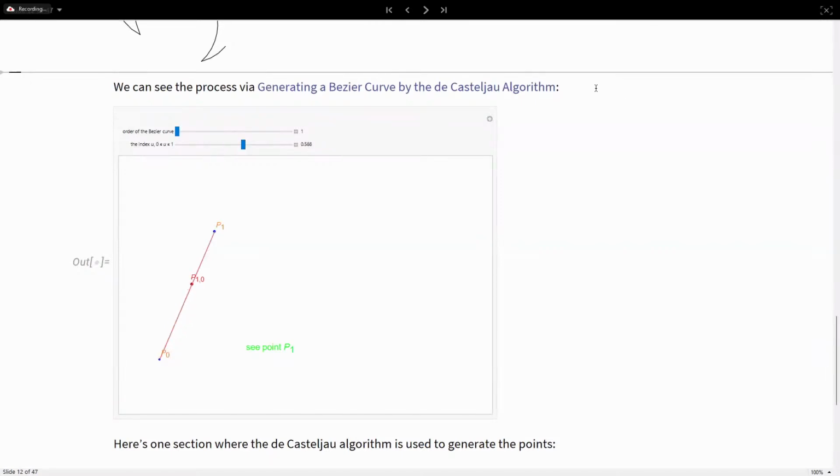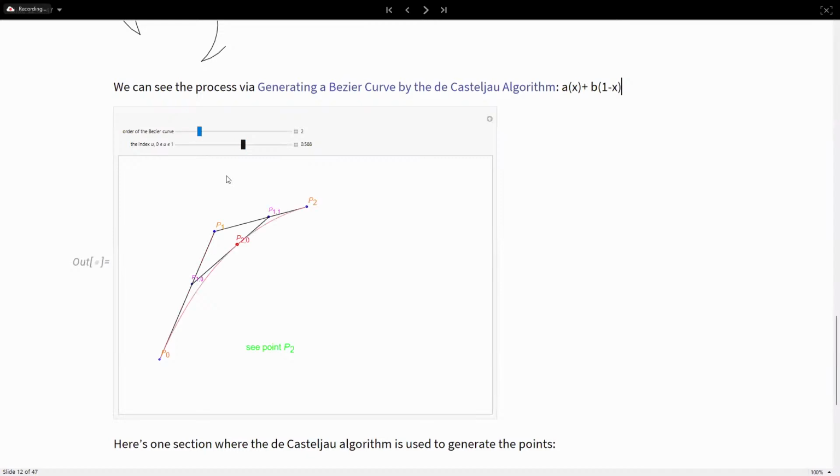So this is point A times a value plus point B times 1 minus the value. And this is a standard way of representing points on a line based on two points.